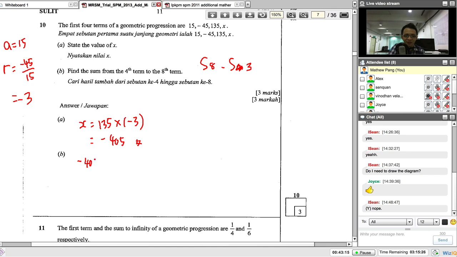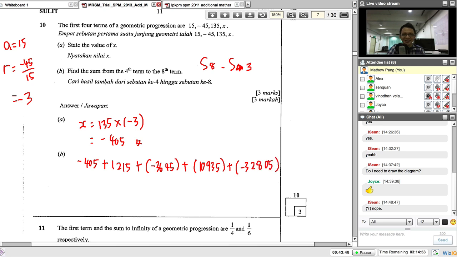So -405 plus, 405 multiplied by -3 again is 1215, plus this multiplied by -3 is -3645, plus multiplied by -3 again is 10935, plus multiplied by -3 again is, wow, the number is so big.